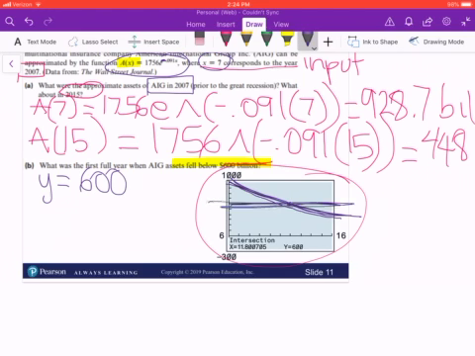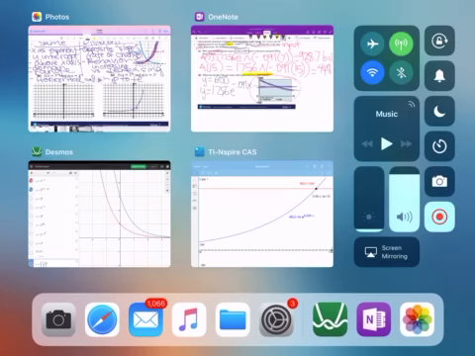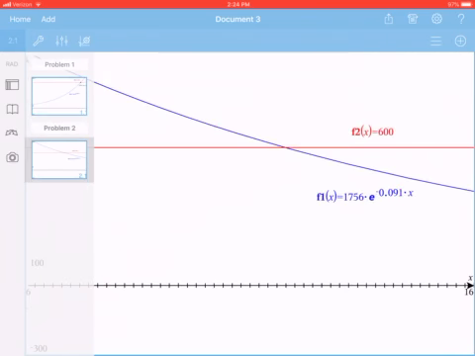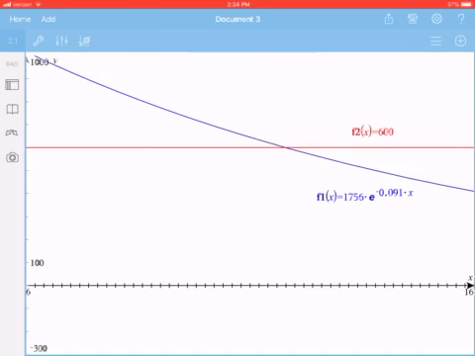And then we will also graph the other one, the exponential function that was given to us at the beginning of the problem. So we'll graph those two. I have them here. That's the previous problem. So that is our graph, those two. The one in blue is our exponential one, and this in red is the 600 billion.